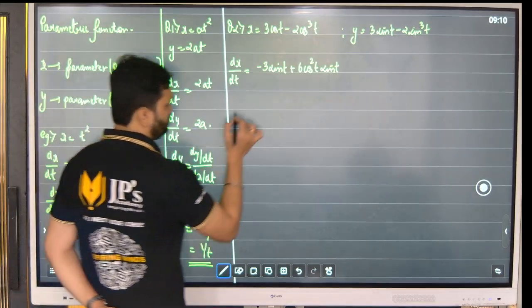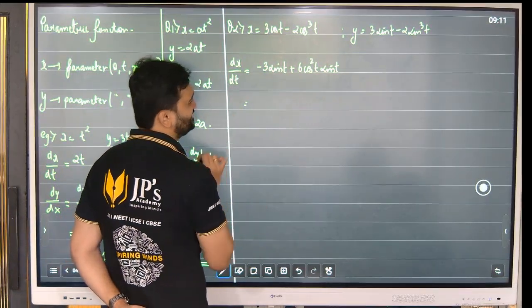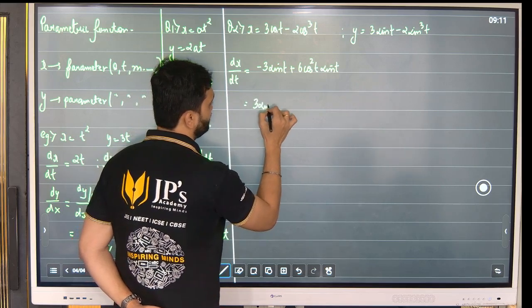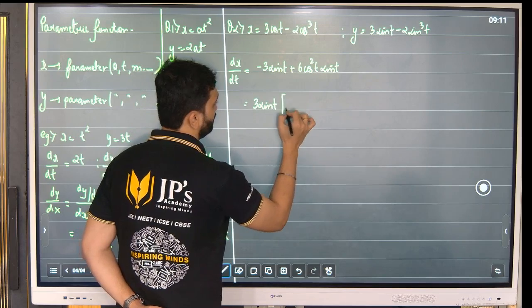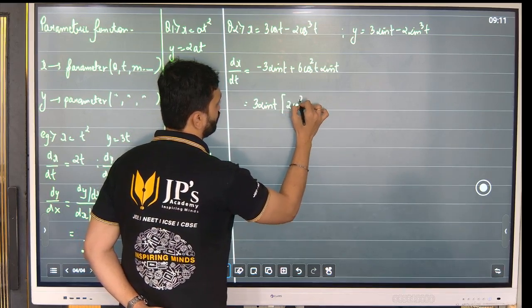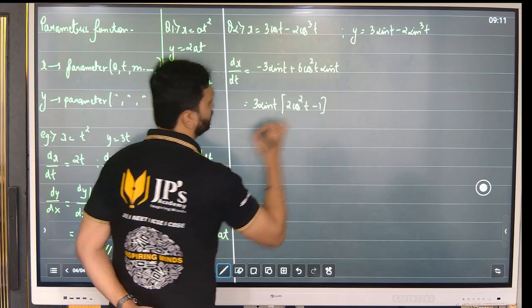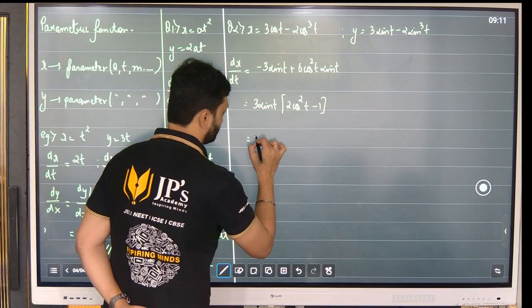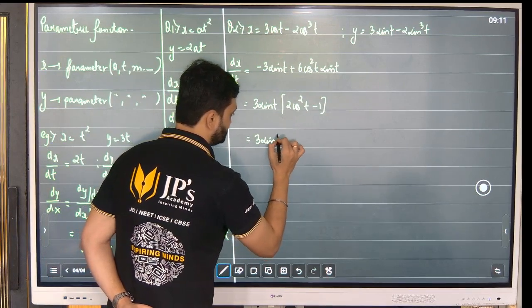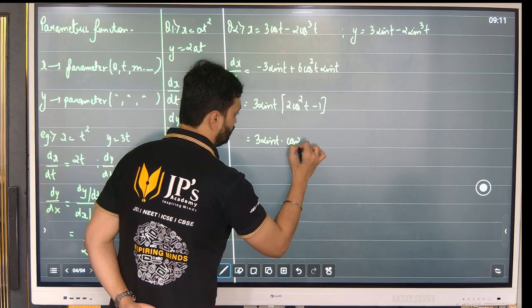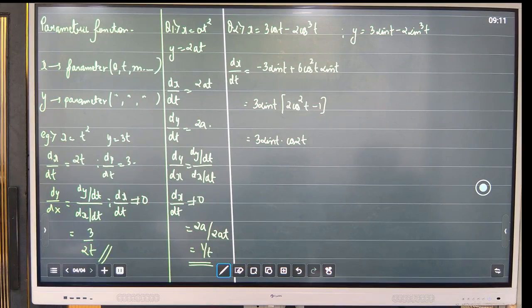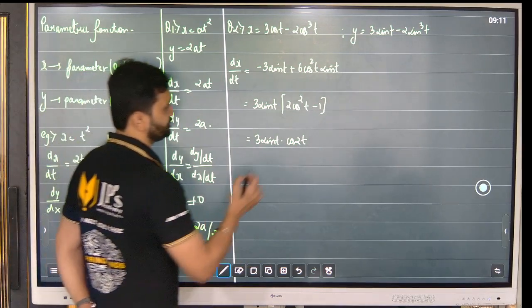If you see carefully, I can take 3 sin t common, and I will get 2 cos square t minus 1, which is nothing but 3 sin t into cos 2t. This is dx by dt. Now I'll differentiate next.